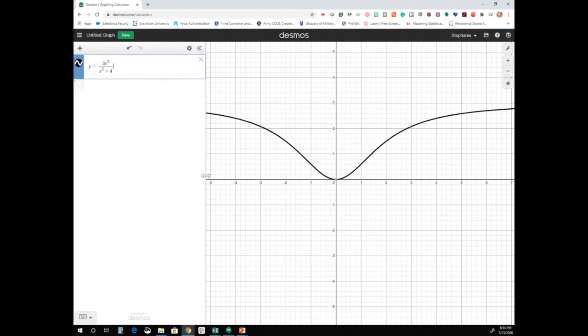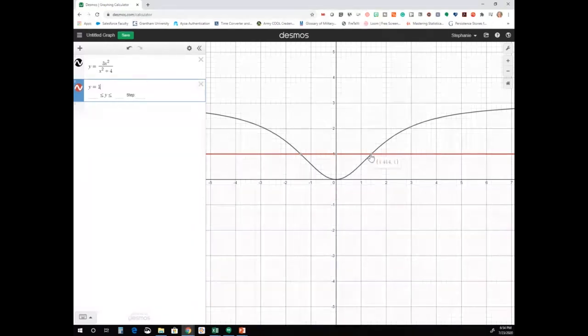The original is, where is this less than 1? So I'm also going to graph y equals 1. So the original was asking for, where is our graph below y equals 1?